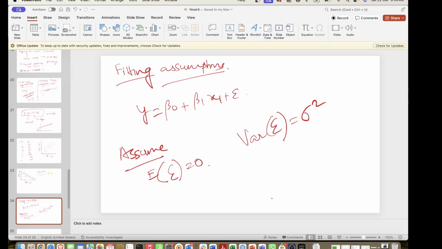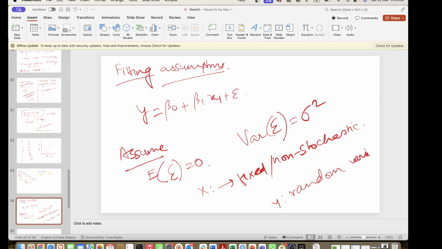We also assume that x is fixed or non-stochastic, in the sense that x is not a random variable, but y is a random variable. These are the primary assumptions while fitting a linear model.